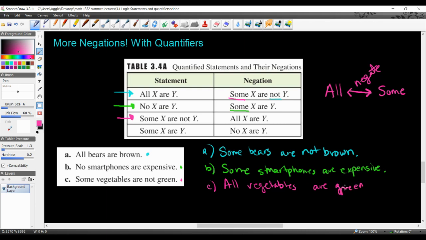Well, we don't really care about that right now. This is just showing you how to negate, because in the next unit, you will have to negate several sentences like this, okay? So again, this is negations with quantifiers. The quantifier would be the all, the some, the no, and so forth.